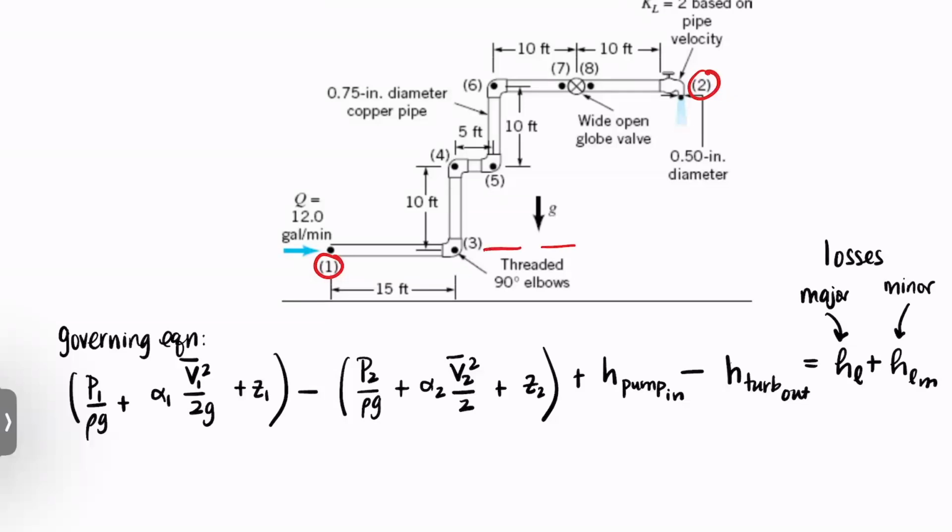Just to remind you from when we did the Bernoulli unit, it does not matter where you put Z equals 0 as long as you're consistent with measuring the Z values for points 1 and 2, noting that if you go down, it's negative. So if Z equals 0 is right there, that means Z1 is equal to 0. Can anybody tell me what Z2 is based on this picture? Yeah, 20 feet. Fantastic.